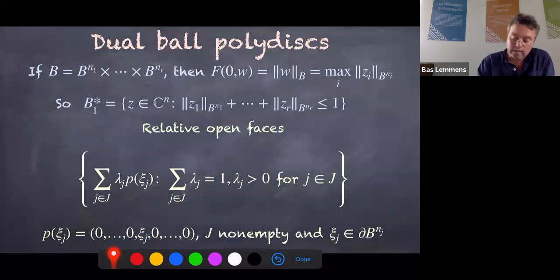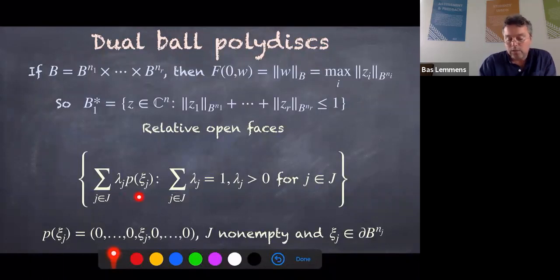And this has some relatively open faces, which are given as follows. Well, these are strictly positive convex combinations of vectors P, which I denote by P psi j, where j is some non-empty set, and these P psi j's are just the unit vectors with zeros everywhere except on the jth coordinates, where it's psi j.